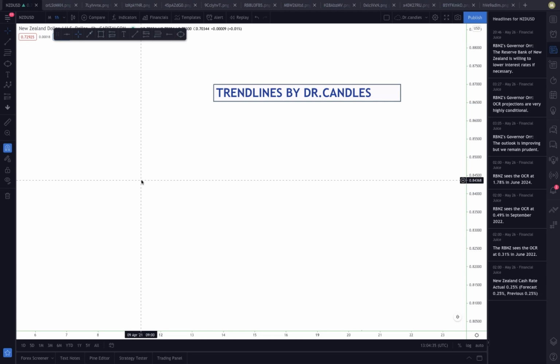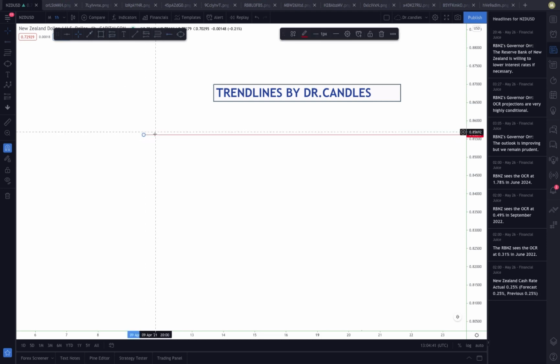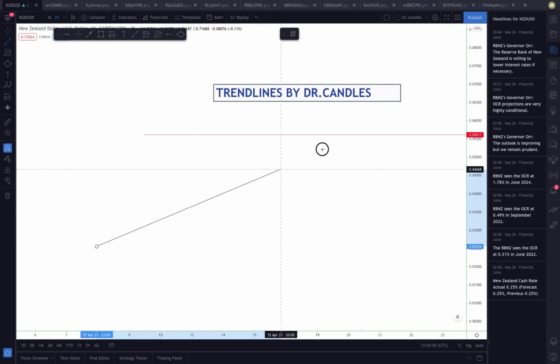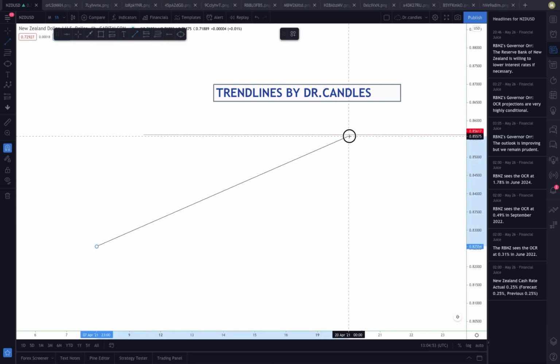However, unlike the normal support and resistance, where we use the horizontal line to join points together, with trend lines we use a diagonal line. We use a diagonal line to join two or more points together.